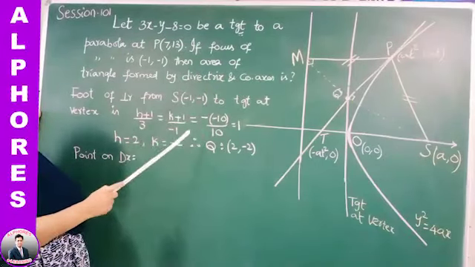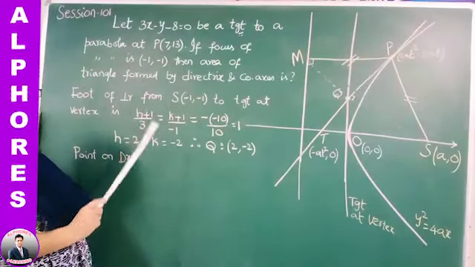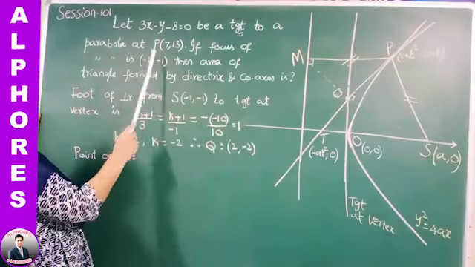What is given actually? Of course this one is the standard parabola, but I am just comparing. This equation is the tangent, given as 3x minus y minus 8 equals 0. Of course this data is not for a standard one, it is for an oblique parabola.